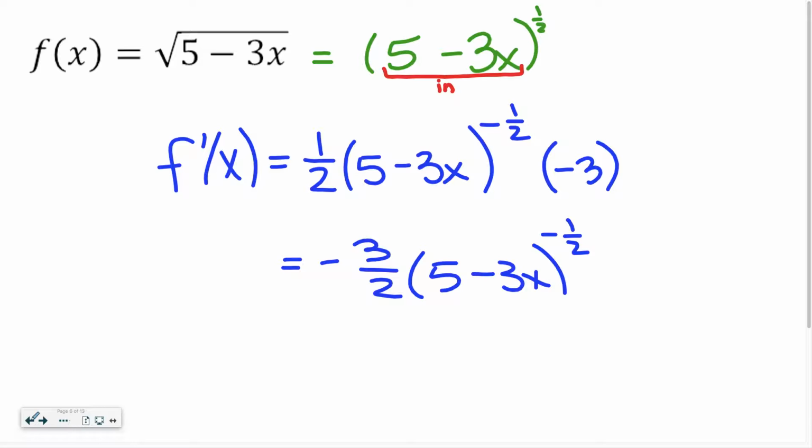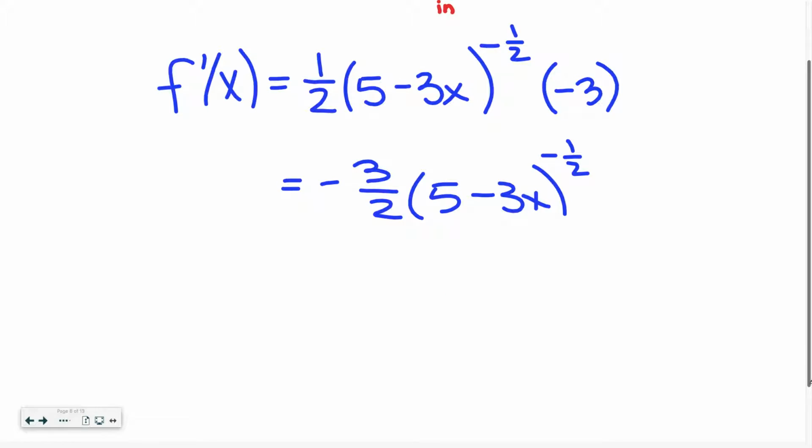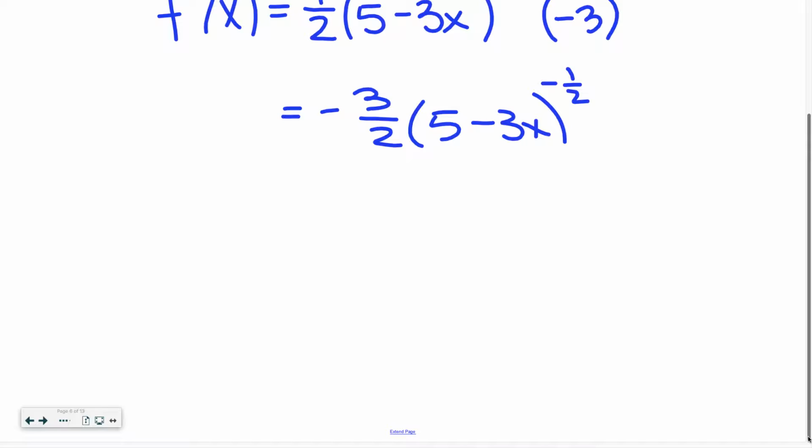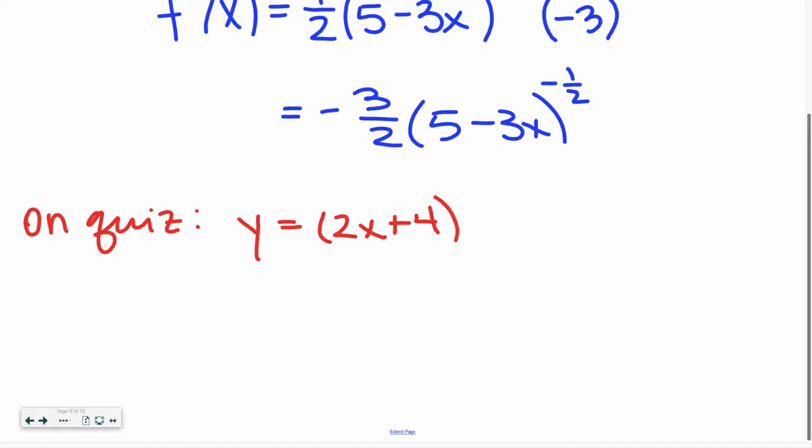Okay, I'm going to refer back to your quiz quite a bit, on your quiz from last week. There was a quiz question last week. Maybe I should put y equals 2x plus 4 to the 2nd power. How did you do it last week?